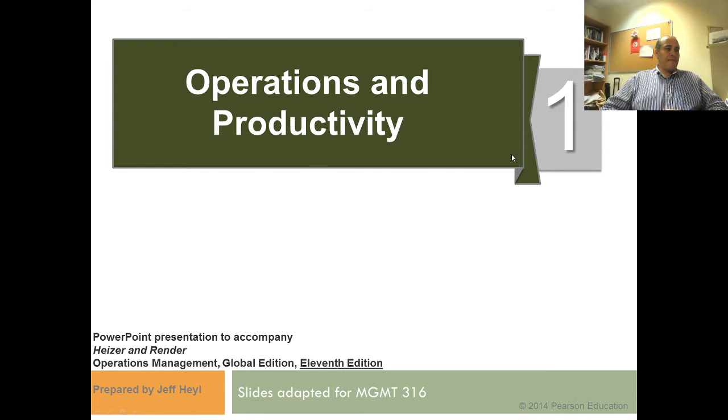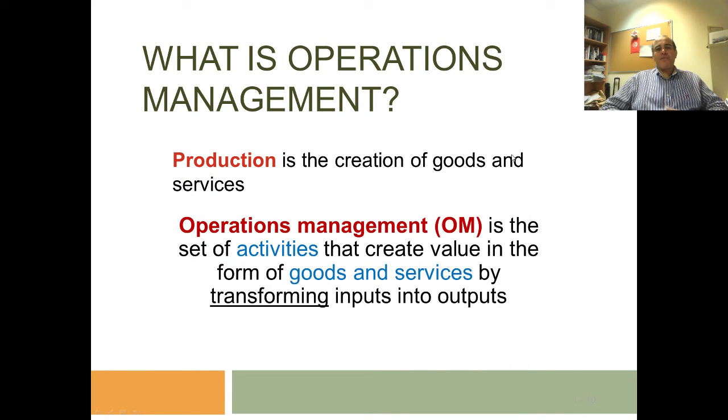Now, if we take the definition, operations management is the set of activities that create value in the form of goods and services by transforming inputs into outputs. This is a little bit different from production, which is the creation of goods and services in general.